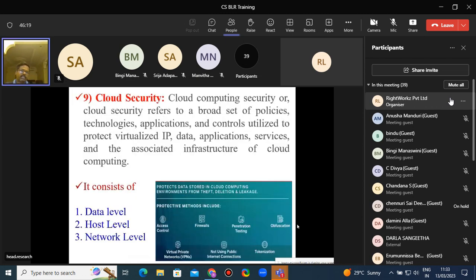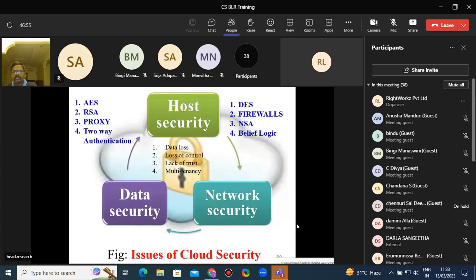Then the cloud security. Cloud computing security, or cloud security, refers to a broad set of policies, technologies, applications and controls utilized to protect virtualized IP, data, applications, services and the associated infrastructure of cloud computing. It consists of data level, host level, network level issues of cloud computing.